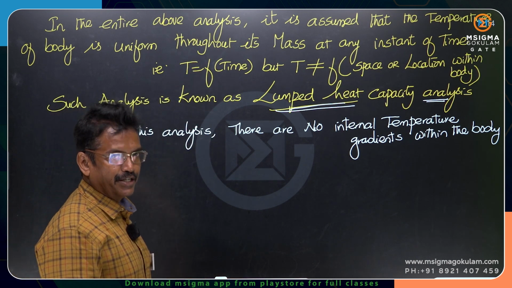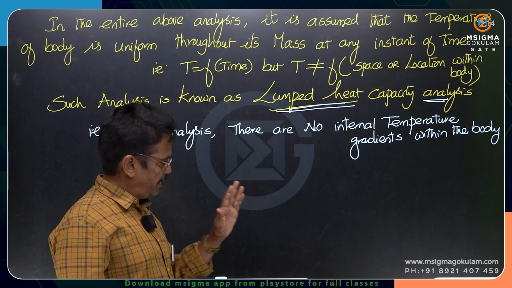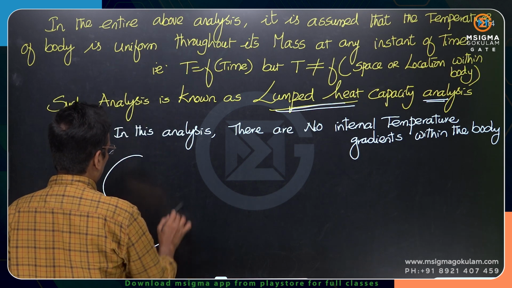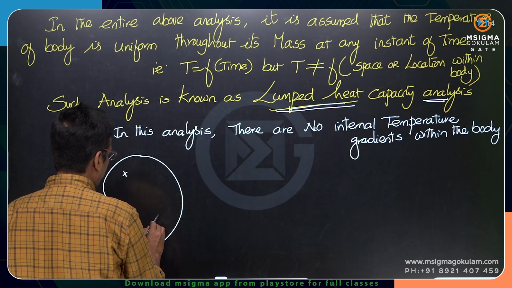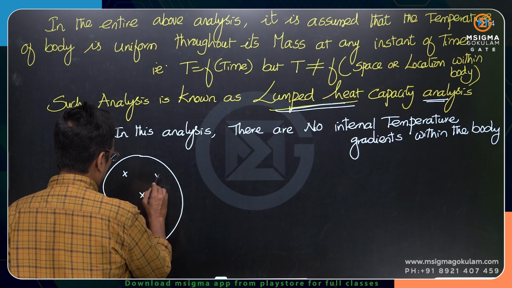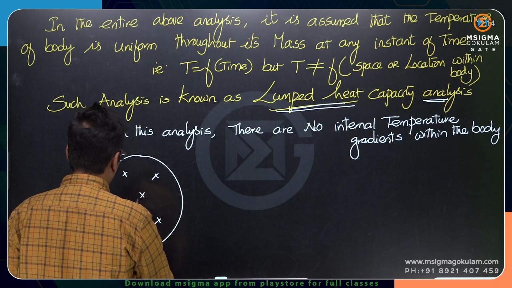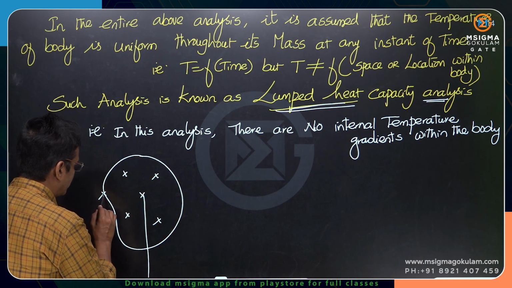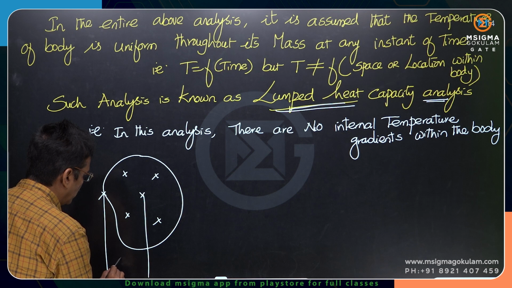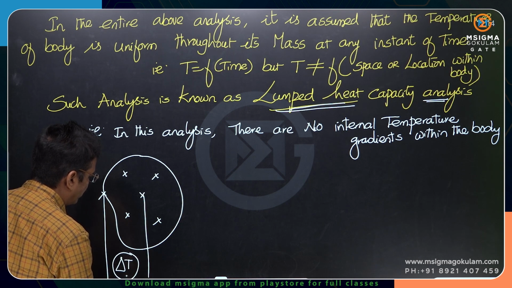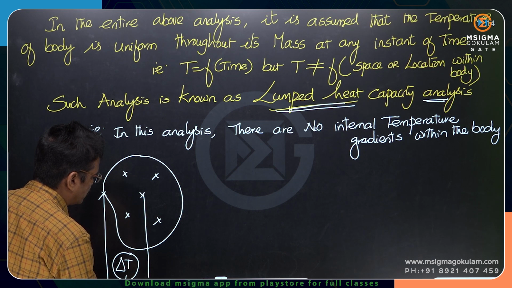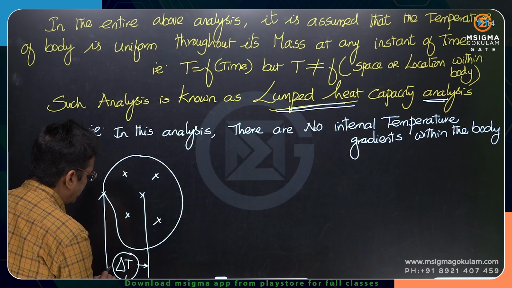No temperature gradients. That means if this is the body, at any instant of time, if you take any two locations within the body, suppose periphery and core, and take the temperature difference, this temperature difference almost approaches 0 at any instant of time.